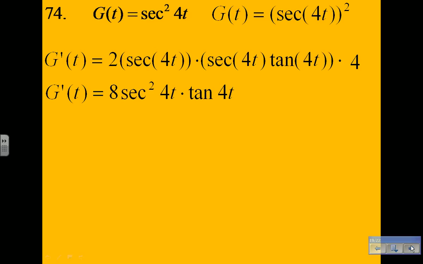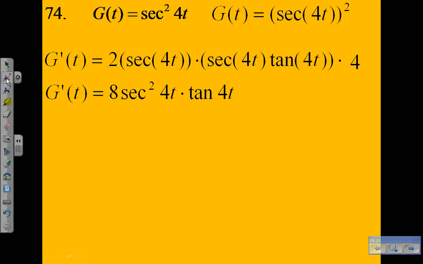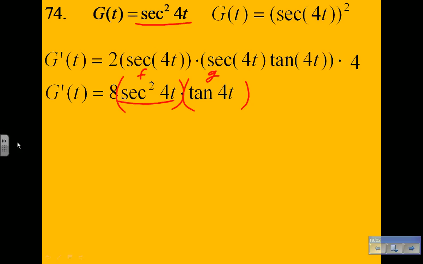Does that make sense? If I look at this expression, I'm going to take the derivative of for the product rule. You see how this is the function f, and this is g? I'm just going to multiply the 8 by my answer. I already know the derivative of secant squared of 4t. I can use that part.